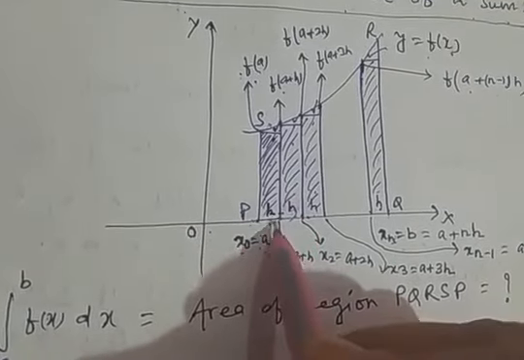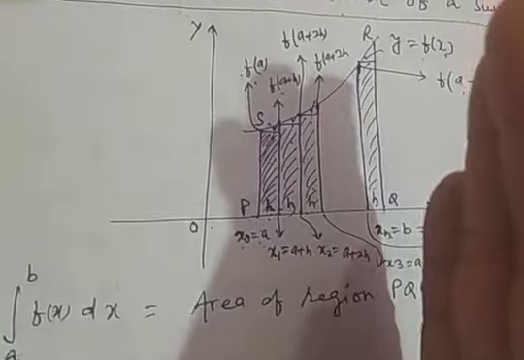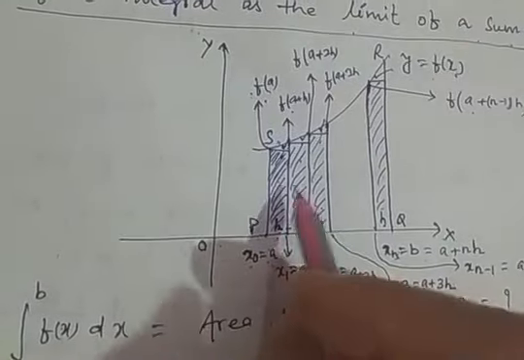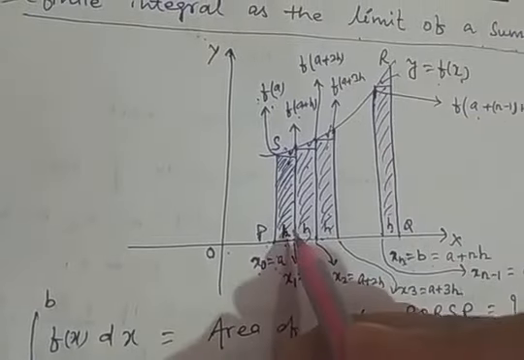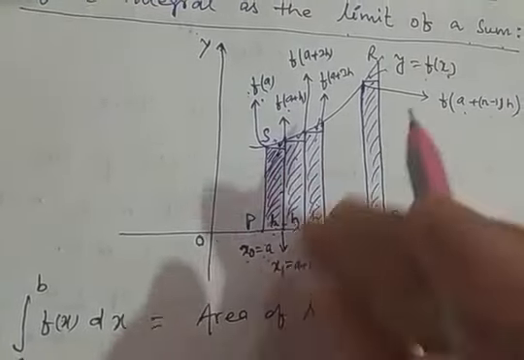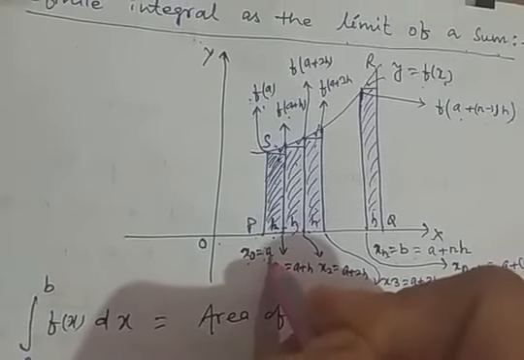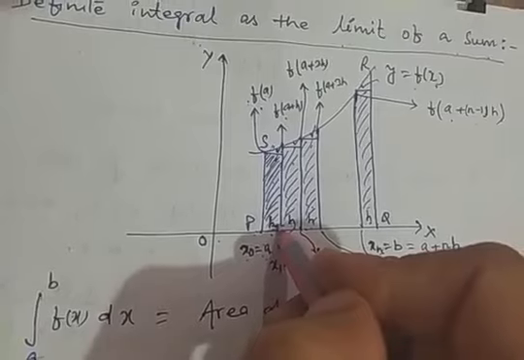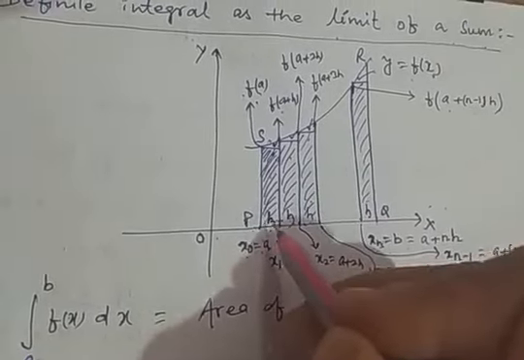That means we have to take a smaller value of h, so h tends to 0. Therefore, if this line shifts towards a, h goes to less and less.